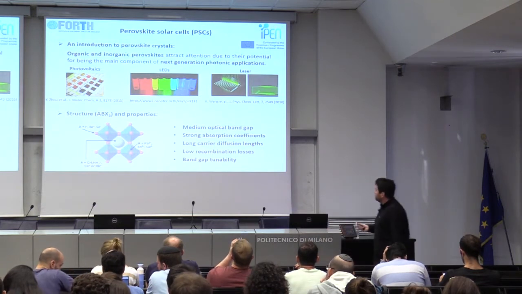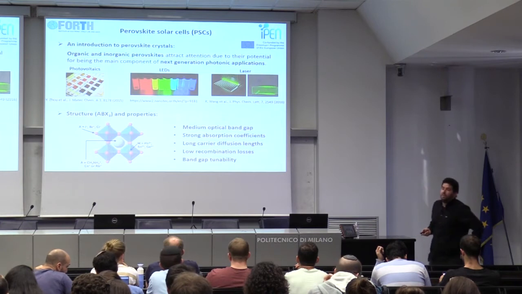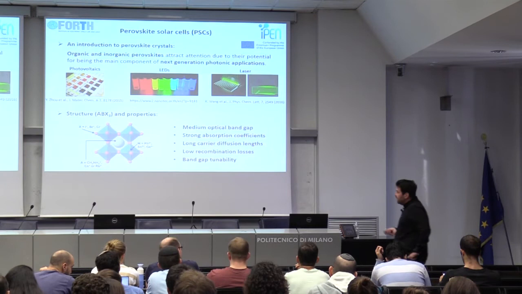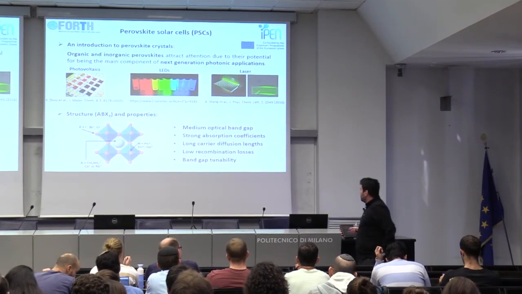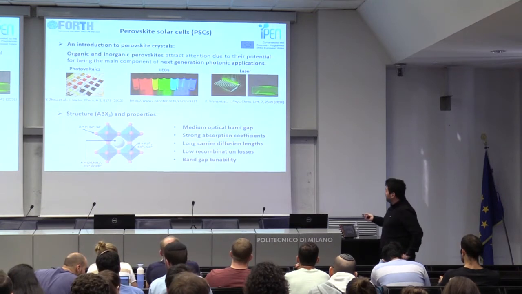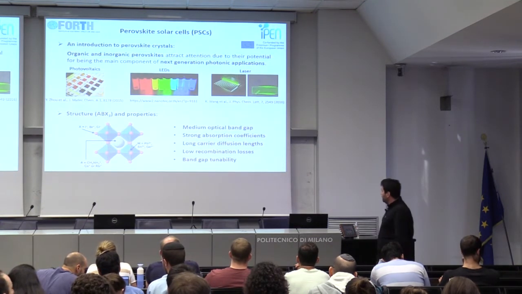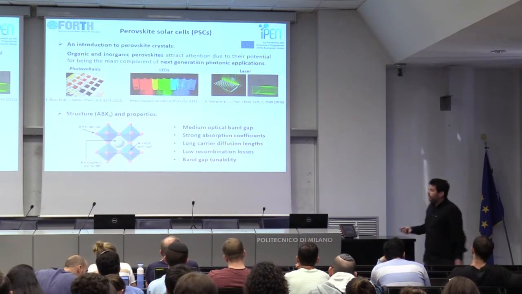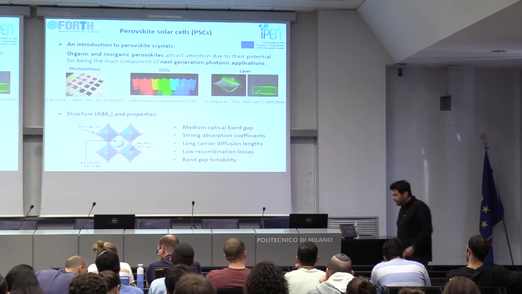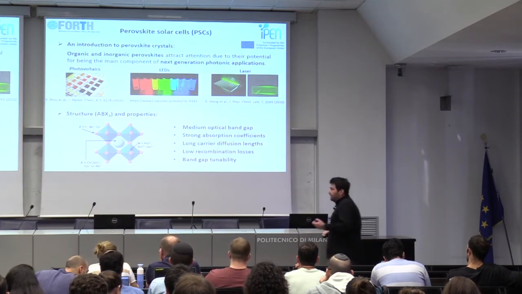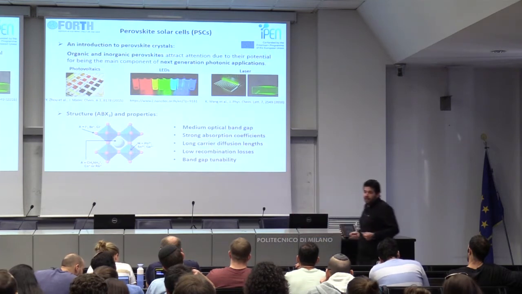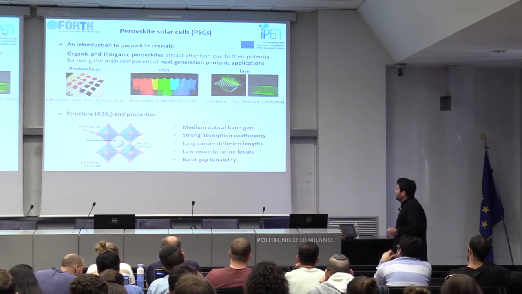Now, in brief, if someone wants to summarize with a few words why these materials are so important, it is because they have a medium optical band gap, they have a strong absorption coefficient, long carrier diffusion length, low recombination losses, and more importantly, we can tune the band gap by altering their structures. So these are generally advantages in terms of implementing these materials in photonic applications.